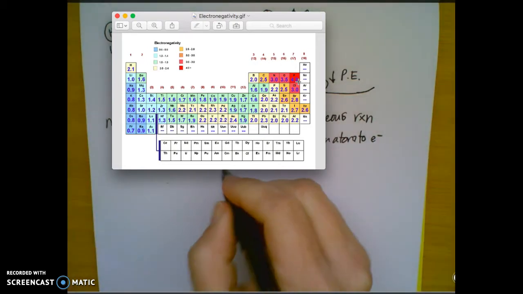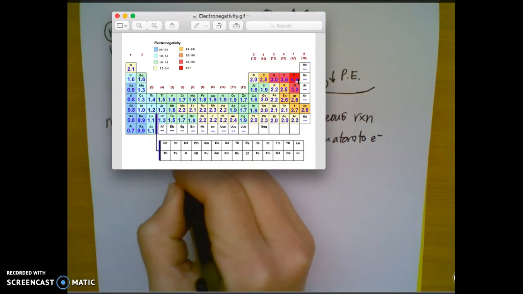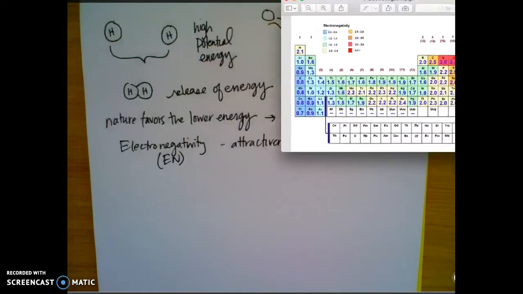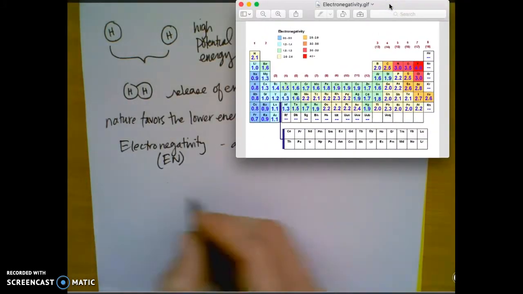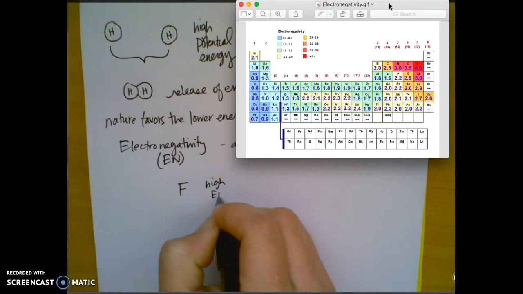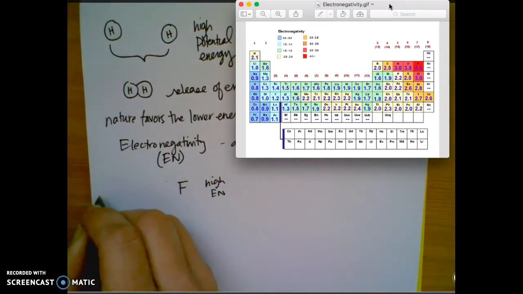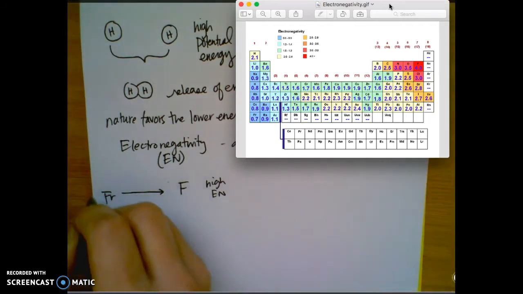So when we look at the spectrum of electronegativity, and we're going to abbreviate this EN, mainly because it's a long word and you don't want to write that. When we look at that spectrum of electronegativity, you're going to see that we have fluorine on the very high electronegativity, and on the low electronegativity we have francium, and it just increases from there.